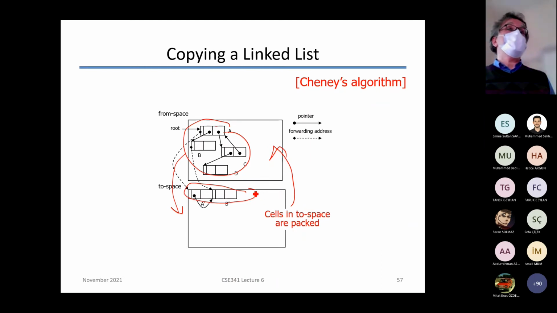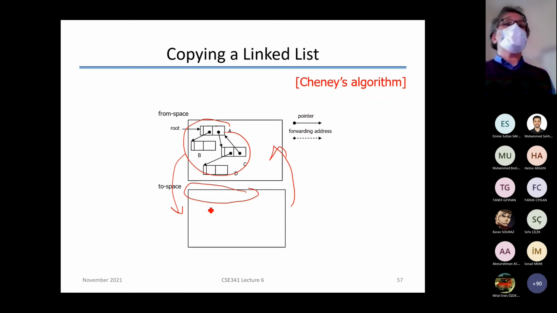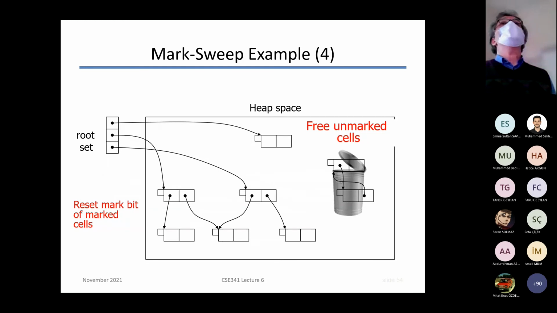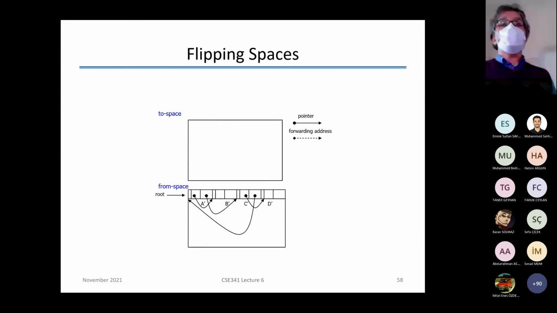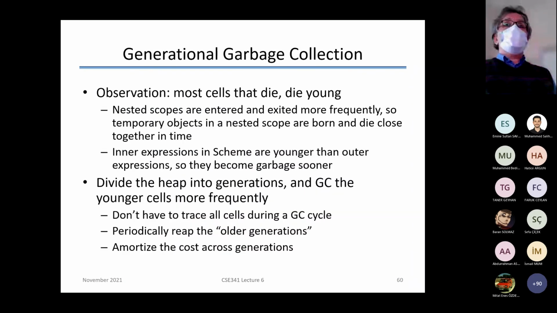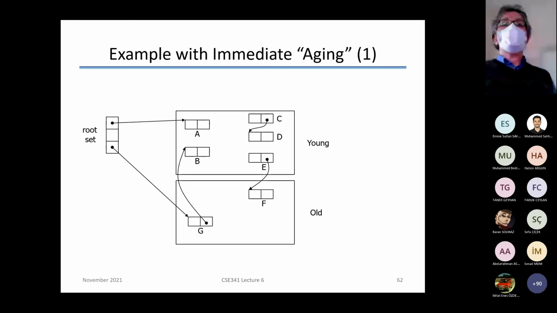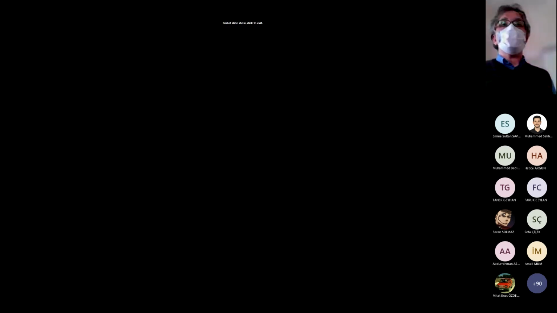It will be most useful for defragmentation, whereas the others do nothing as far as fragmentation of your memory is concerned. There are some modifications to this copying approach with aging and so forth, but I'm not going to get into details of those.